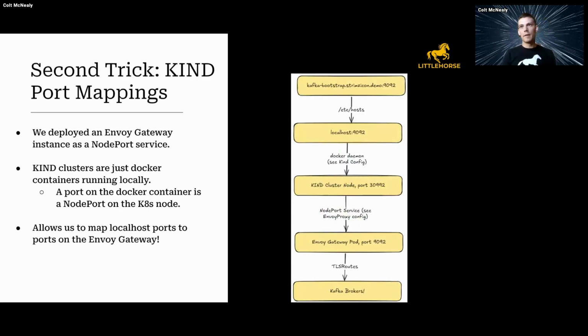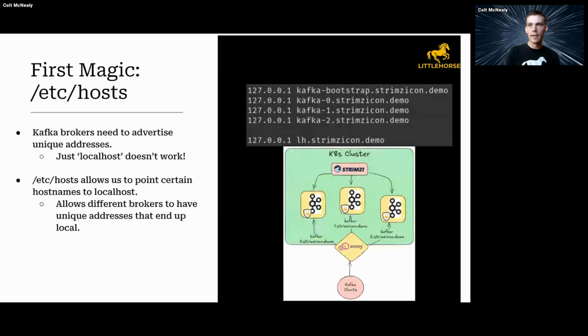And the second little bit of magic that we have to do is, if we go back to this picture, the Kafka clients, which are basically me in my terminal, are not able to directly talk to the Envoy Gateway controller. The Envoy Gateway controller is just a pod running inside my kind cluster, right? It's not actually accessible.